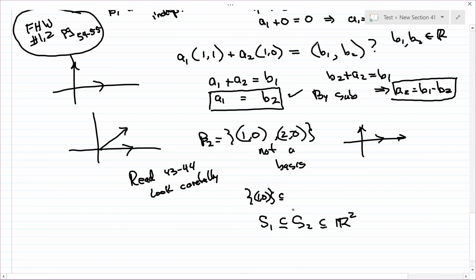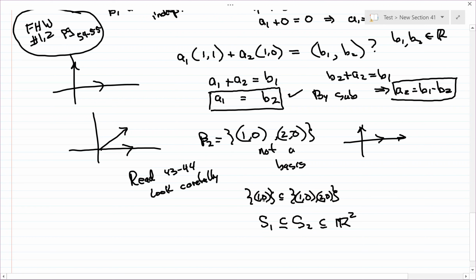And suppose S2 has the vectors (1, 0) and (2, 0). This set is not linearly independent. Why? You can get this vector from this one just by multiplying by 2, right? So this set is not linearly independent. They're linearly dependent.